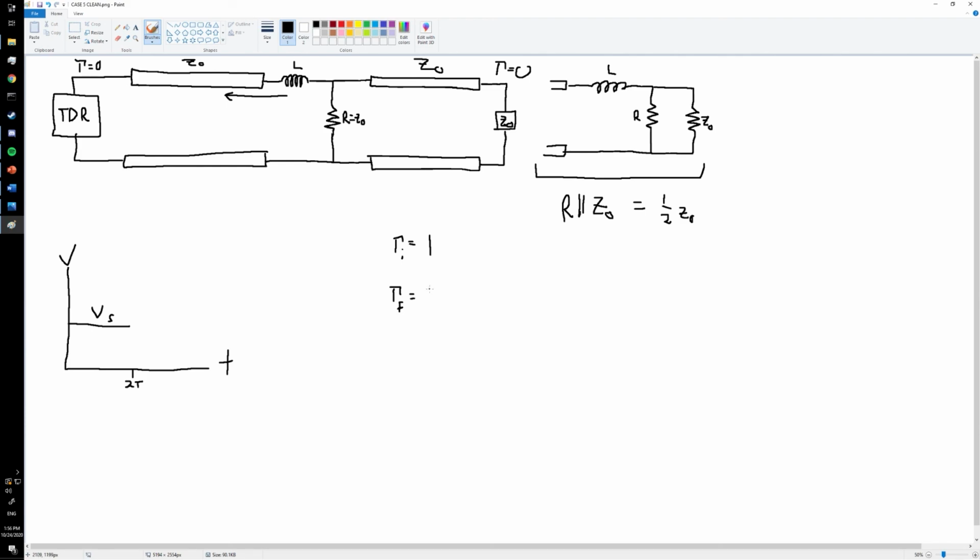So for this case, our reflection coefficient is going to be (1/2 minus 1) over 3/2, which is equal to a negative 1/3. Because of this, because of our initial condition, we're going to go up to 2Vs momentarily, and then we're going to exponentially decrease and approach an asymptote that our circuit will reach steady state at 2/3 Vs.